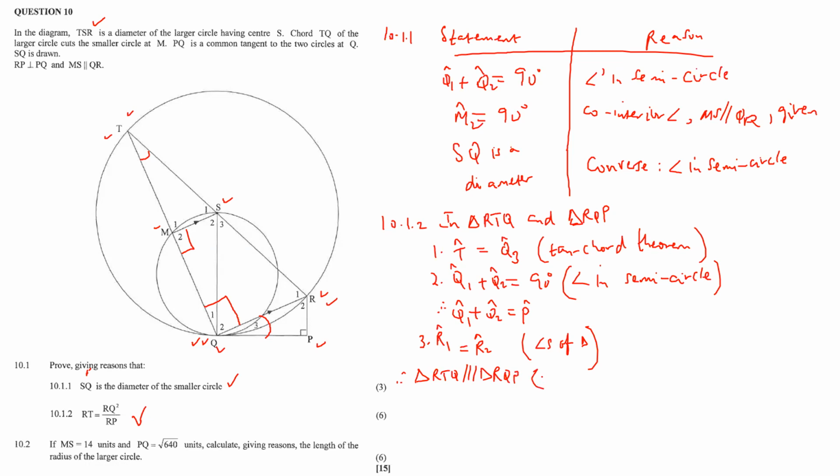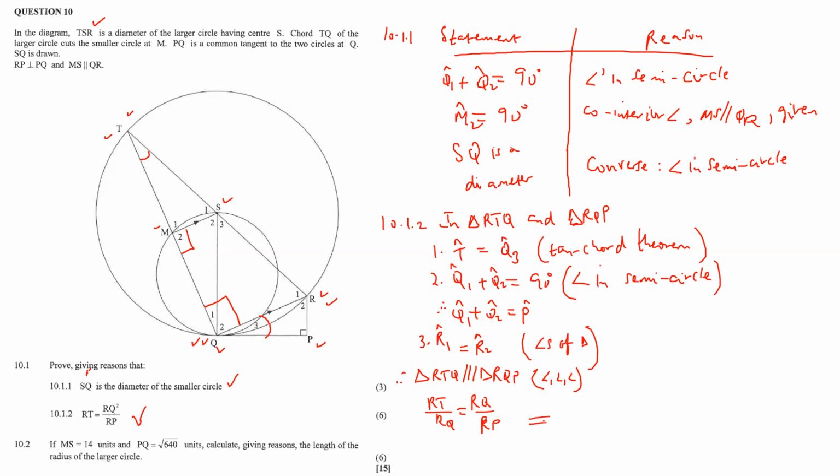Why? It's angle, angle, angle, so these triangles are equiangular. The conclusion, therefore, is that RT over RQ is equal to RQ over RP.